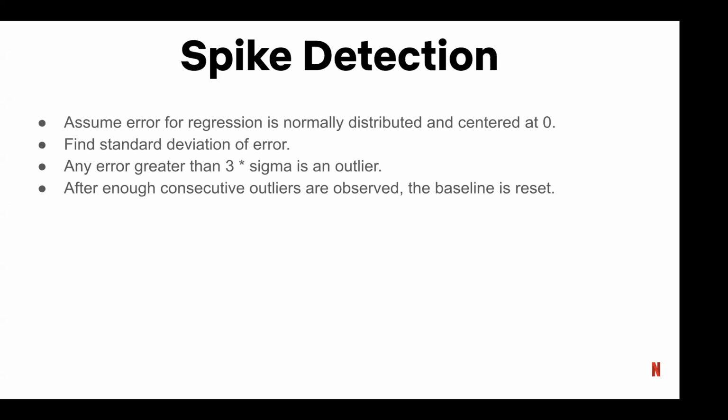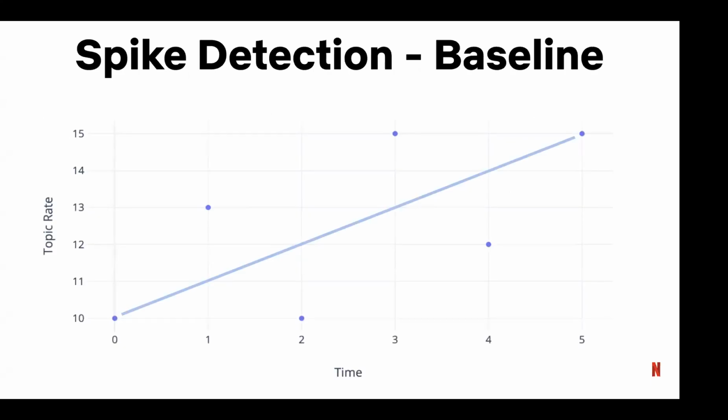Then we say that for any prediction that the regression function makes, if the error of that prediction is greater than 3 standard deviations of the historical error, we call that new data point an outlier. And if we observe enough consecutive outliers, then we need to reset the data that we're using to compute our regression function so that it can be more accurate. So I'll go through this in a bit more detail.